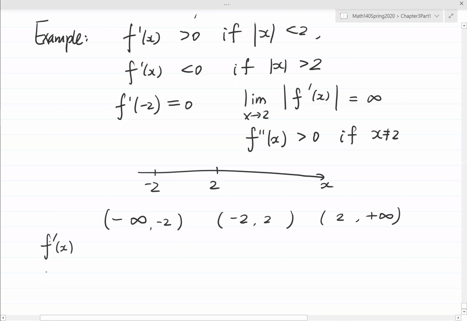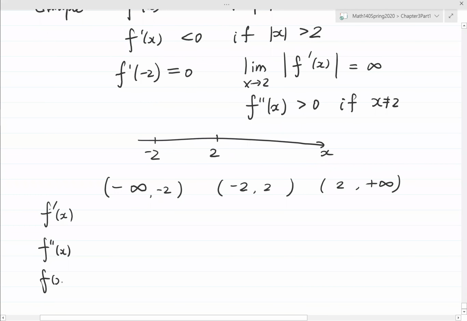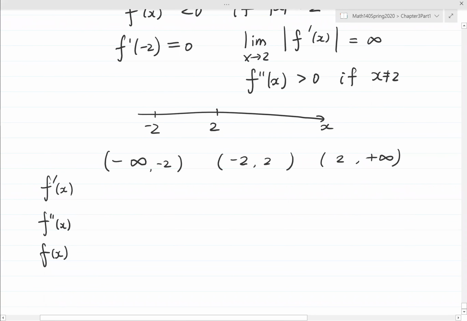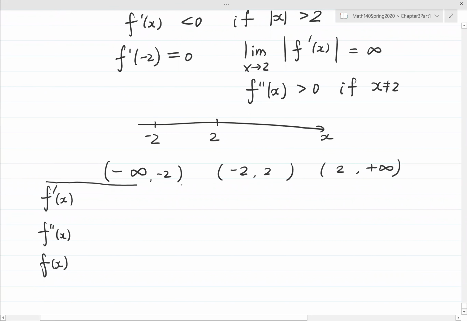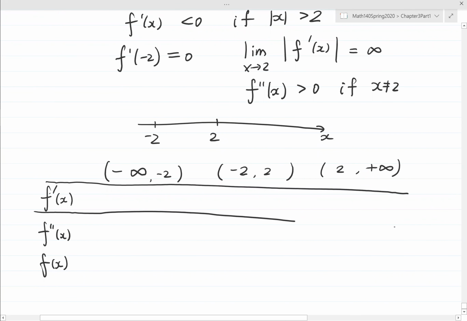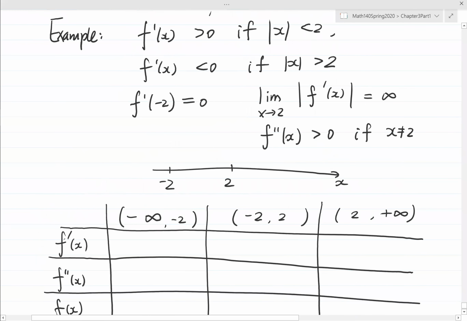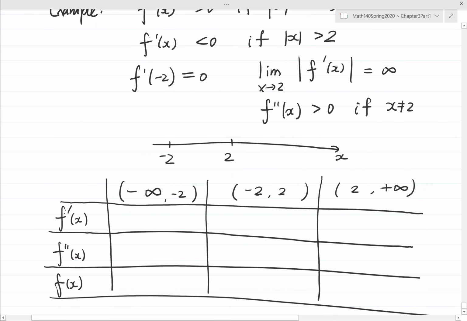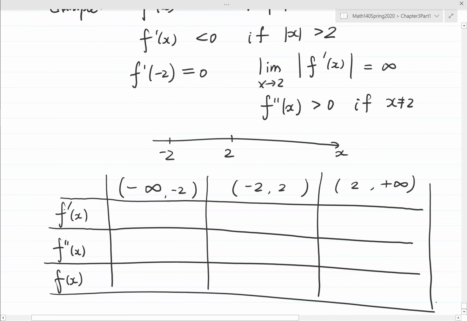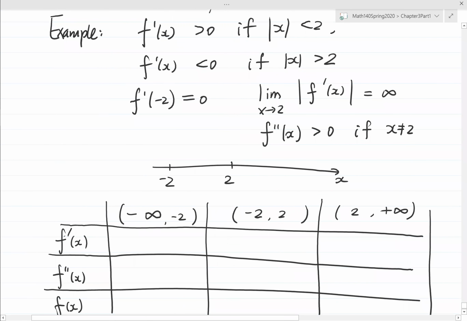f', f'', and f(x). Try to plot this table and put everything in this table. When the x value is bounded by 2, meaning x from negative infinity to 2, the first derivative is positive.